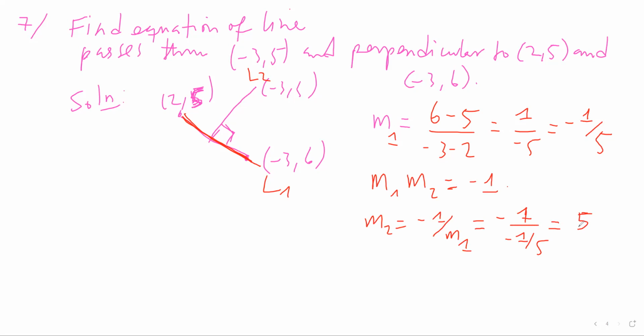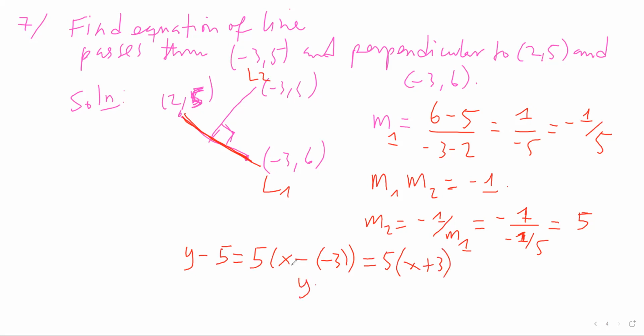So the equation of the line that passes through minus 3 and 5 is y minus 5 is equal to 5 times x minus minus 3. This is 5 times x plus 3.